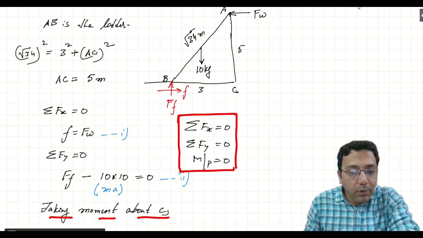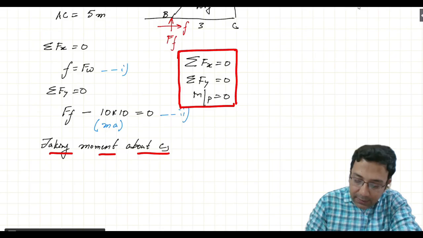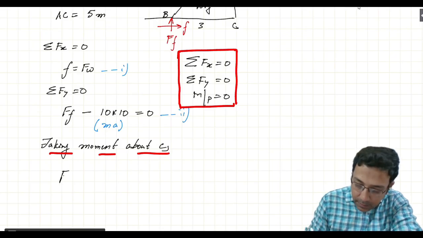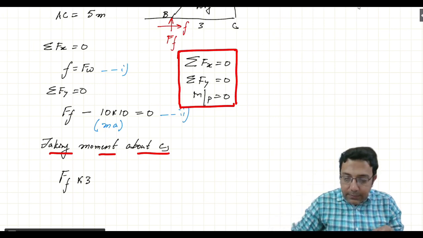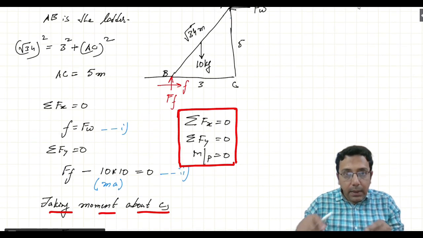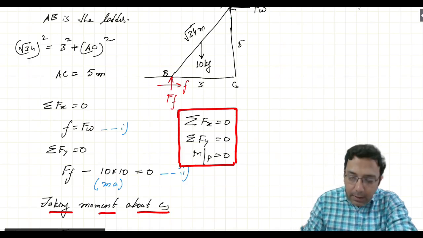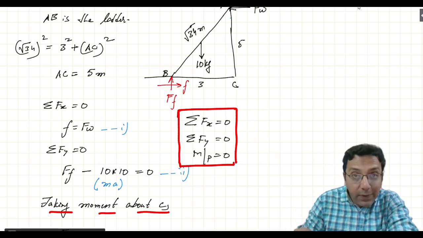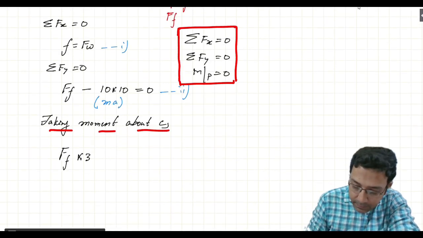Taking moment about the point C, what all are the forces that can come? Ff into 3 will be clockwise. See this diagram? Ff is up, into 3, clockwise. And Fw into 5 will be anti-clockwise about C, so minus Fw into 5.